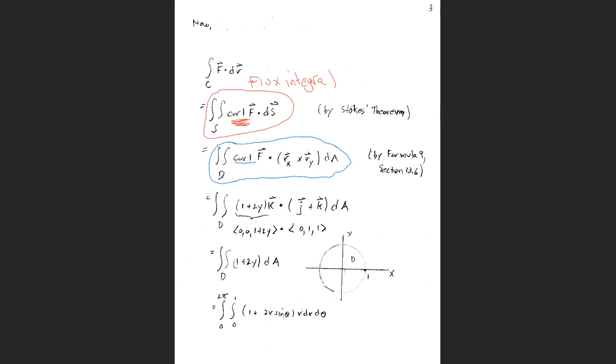The curl of the vector field is 1 plus 2y times the k vector, and we're going to dot it with the j plus k vector. The parameters x and y were restricted so that x squared plus y squared is less than or equal to 1. That's a circle of radius 1. So I'm going to go ahead then and use some polar coordinates.